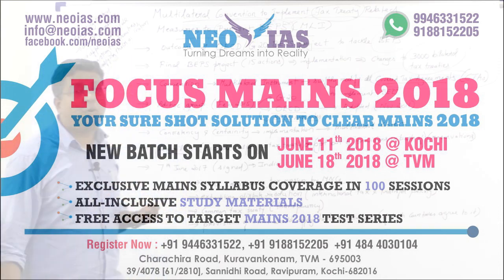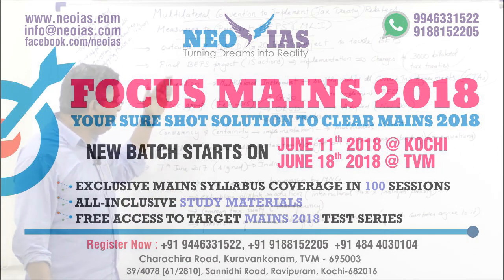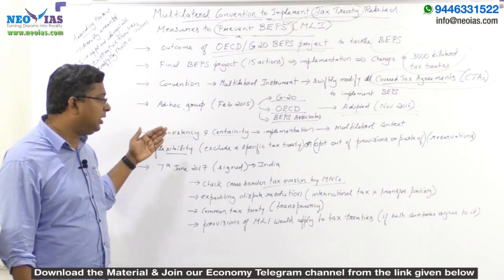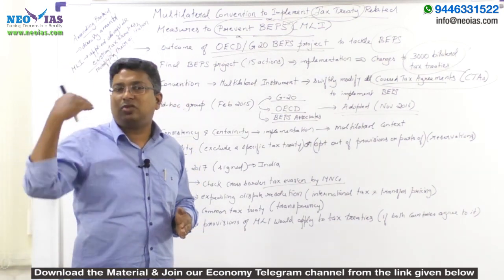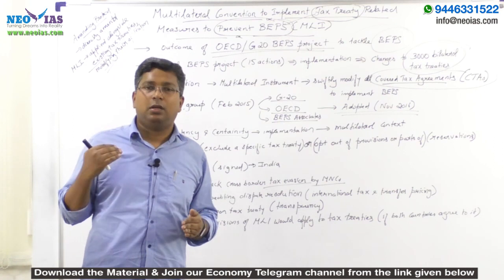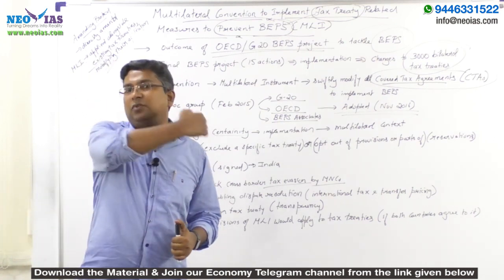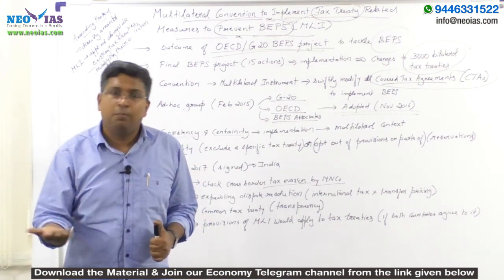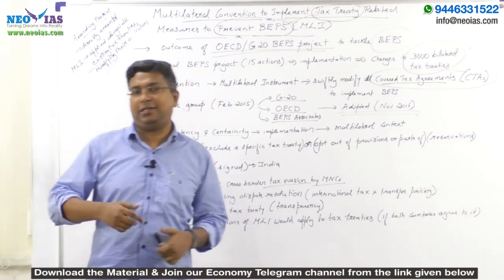And one important point you need to note down is that the provisions of this instrument would apply to a tax treaty only if both countries agree. For example, this convention will be applied to the India-Mauritius tax treaty only if both countries agree to it.